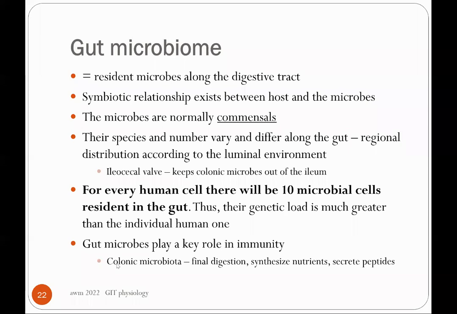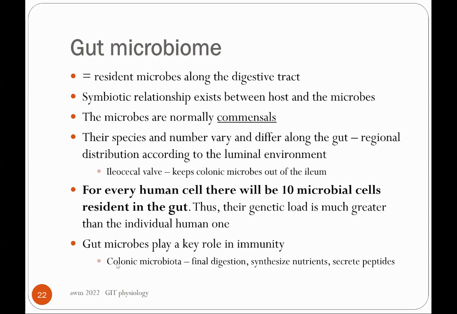So initially they used to think, oh, you've got microbes in the colon, the colon is the dirtiest part of the gut, but they've realized that actually those microbes are quite useful. They play a role in completing the digestion of what you were unable to digest. If the luminal contents get into the colon and digestion has not been completed, the gut microbiome in the colon will take care of that.